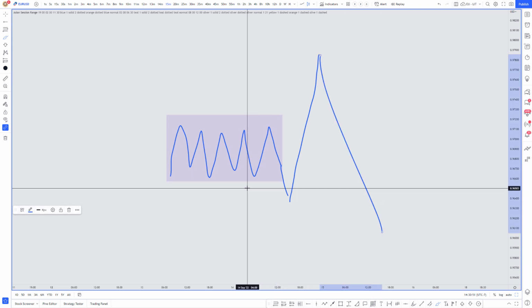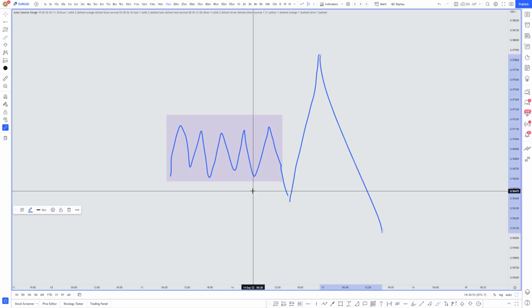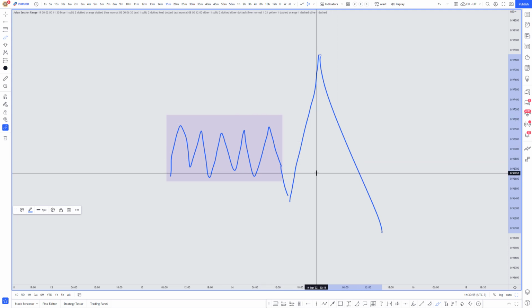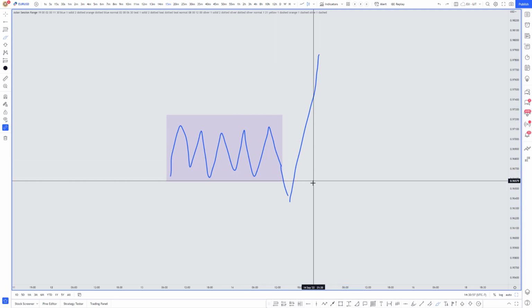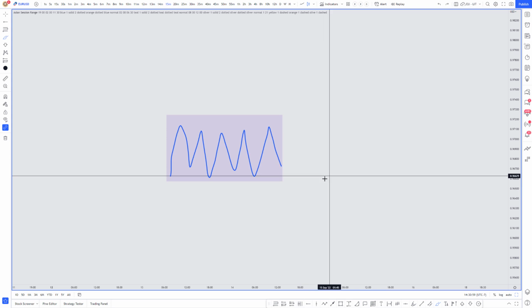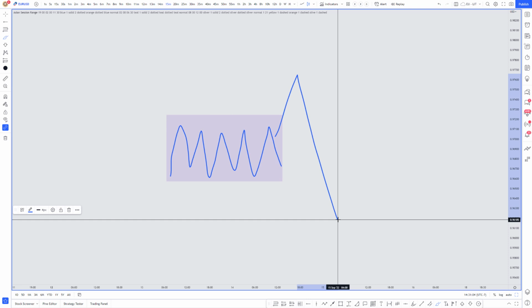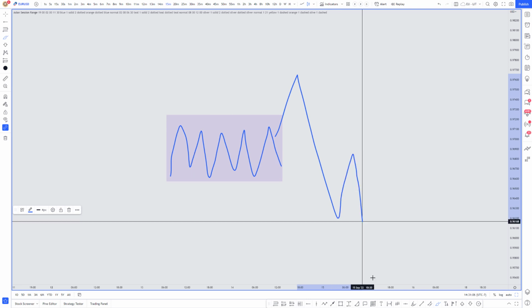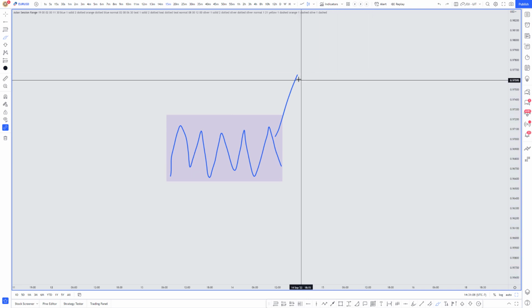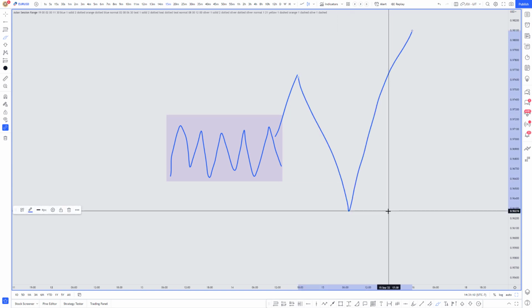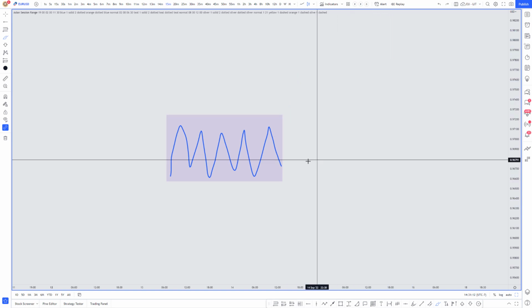So that's kind of the picture perfect model. Unfortunately, the market is not picture perfect every day. So let's talk about the other models. The other models is obviously it sweeps this way and goes that way, and New York either continues or New York reverses. So those are the picture perfect ones.